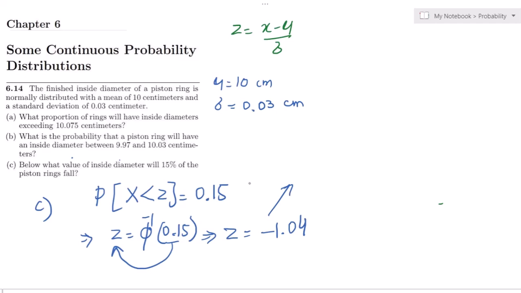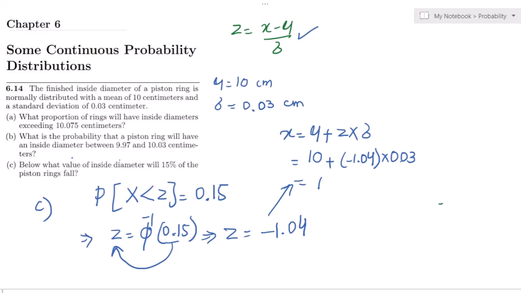In order to convert it to the relevant x value, we know this formula, from which we can easily see that x is equal to mu plus z multiplied by sigma. The value of mu is 10, the value of z is minus 1.04, and the value of sigma is 0.03.